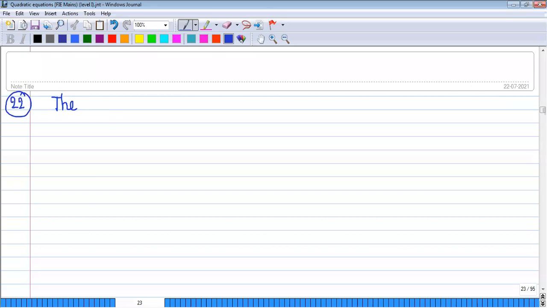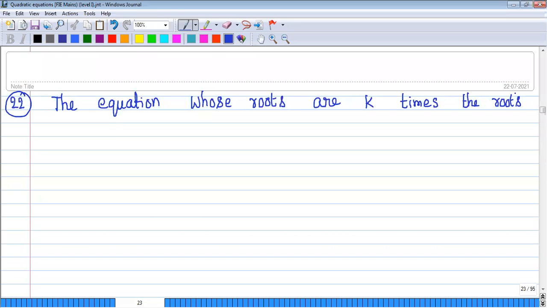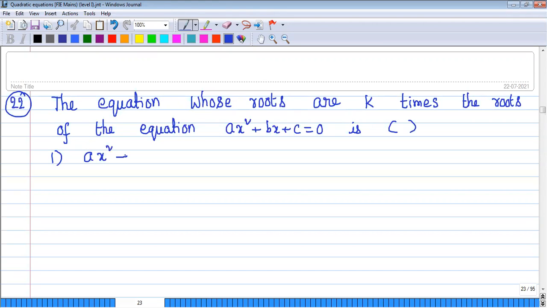The equation whose roots are k times the roots of the equation ax square plus bx plus c is equal to 0 is: first option, ax square plus kbx plus kc equals to 0.